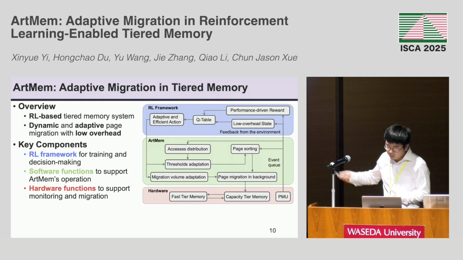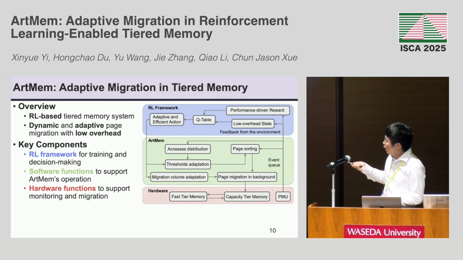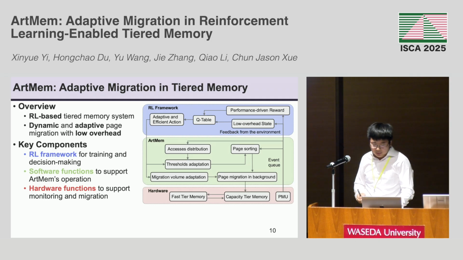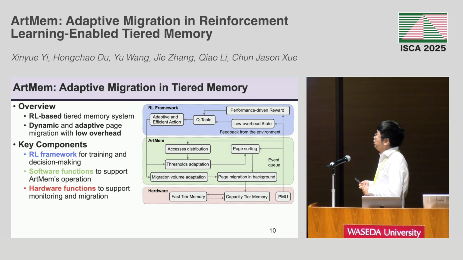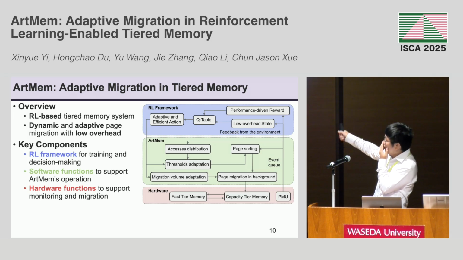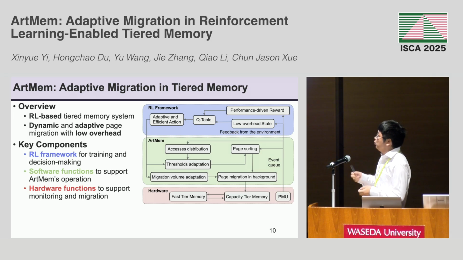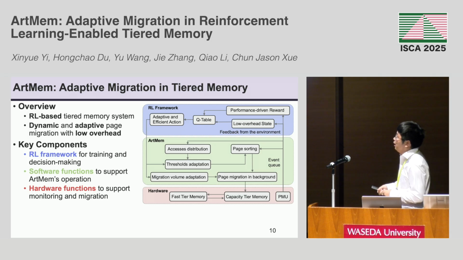And at the bottom, we have the hardware layer that includes fast and slow memory tiers, plus PMU support for efficient access tracking. Here, it's important to note that we need to combine all these layers to make dynamic and adaptive migration with low overhead.